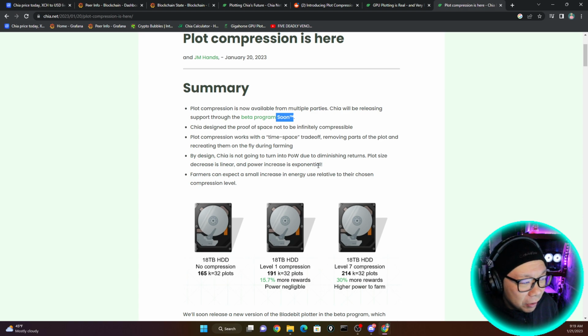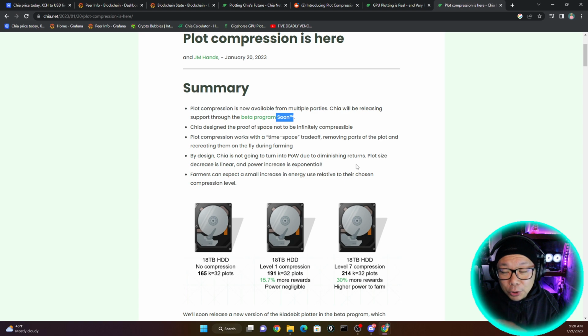Plot size decrease is linear and power increase is exponential. So here I'm guessing they're saying that because the plot size is shrinking and the power consumption is a little less, in comparison to when you're plotting or farming with CPU, the duration of plotting for CPU is longer and possibly around more or less the same power consumption.